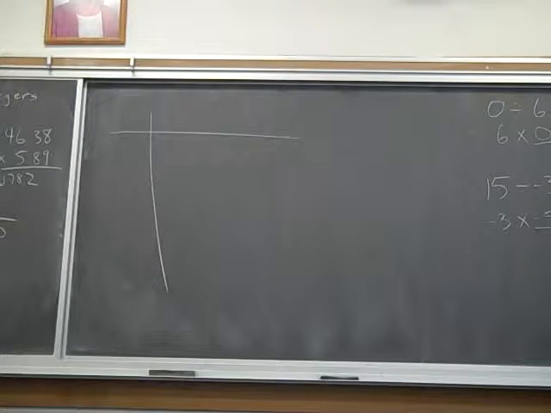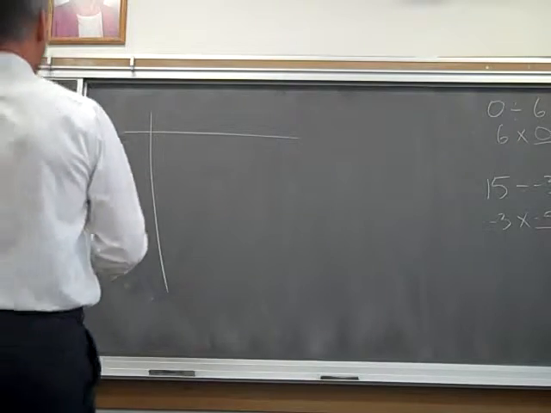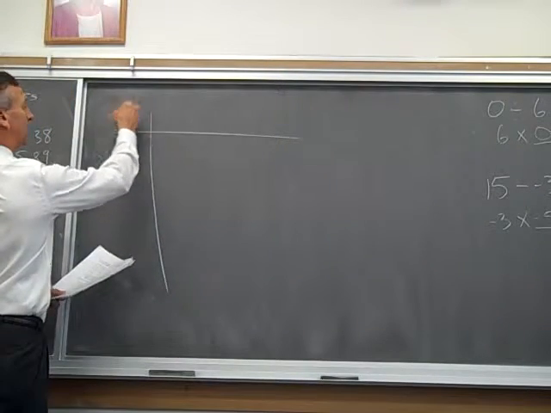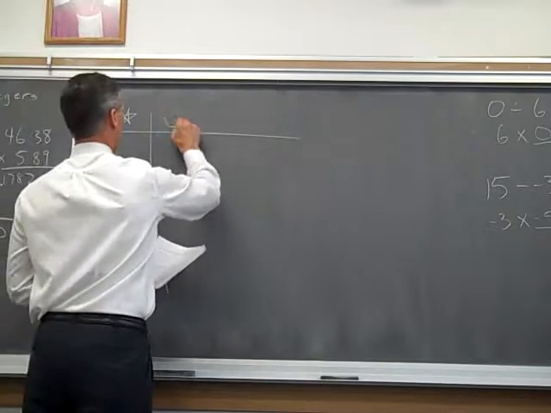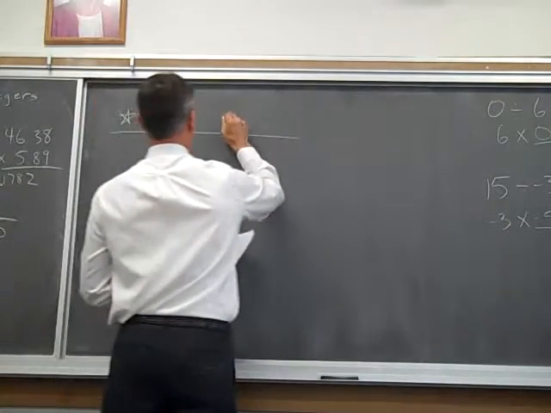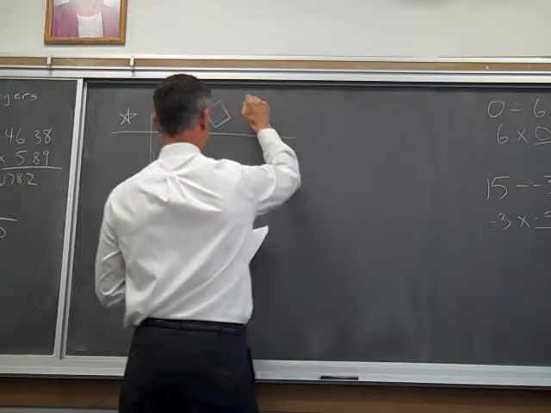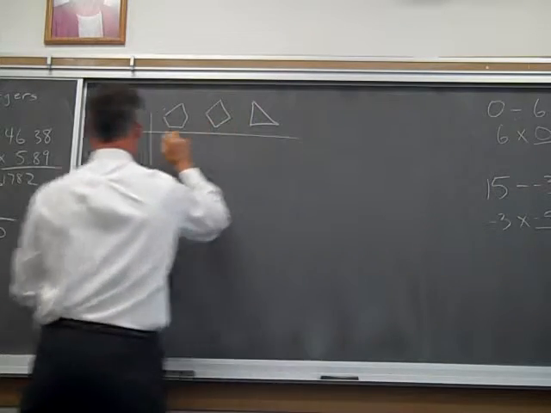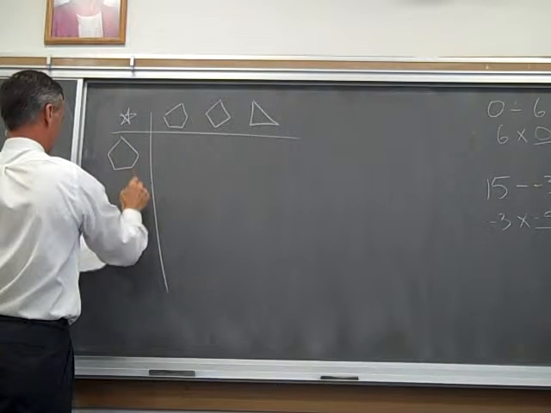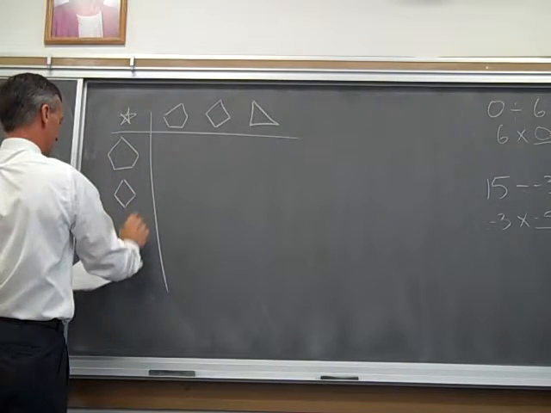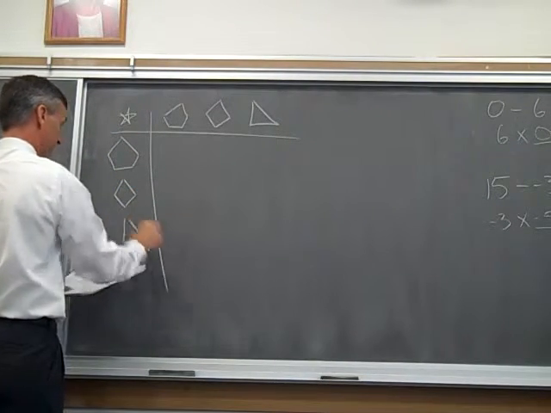I'll duplicate it. The operation is not add or multiplication like we normally do, it's a star. And then we had a pentagon, a diamond, and a triangle here. We had a pentagon, a diamond, and a triangle.